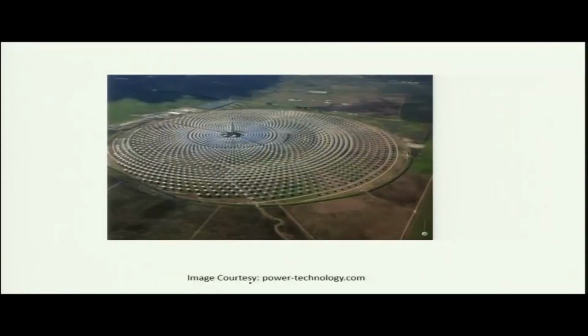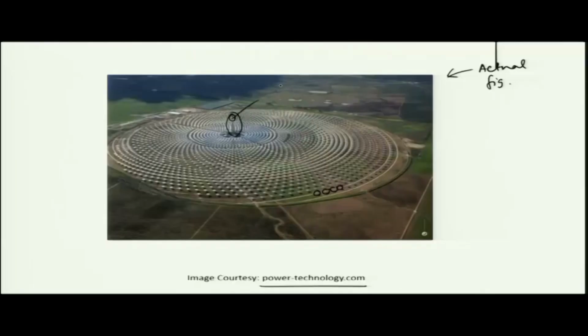Okay. Now, you can see an actual figure for this central receiver tower. You can see here that the central tower is here, okay, and the receiver is at the top of it, and all these reflecting surfaces, individually you can see them, and there are a lot of them, okay, and all of them are oriented in such a way that their reflected ray reaches this point.